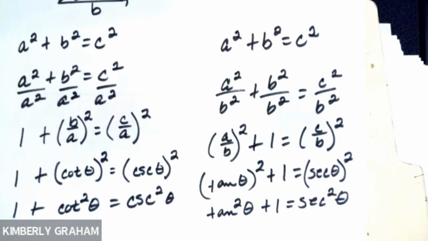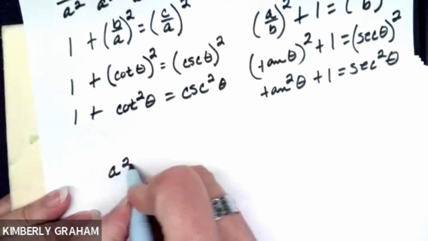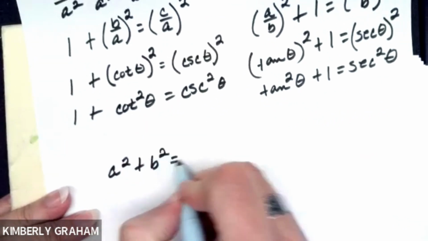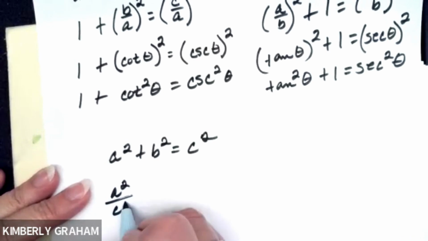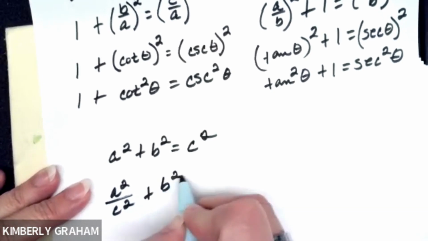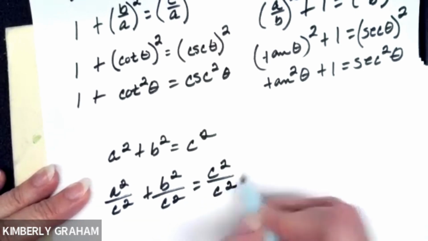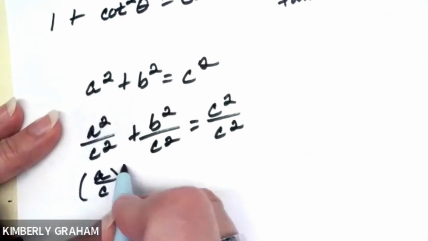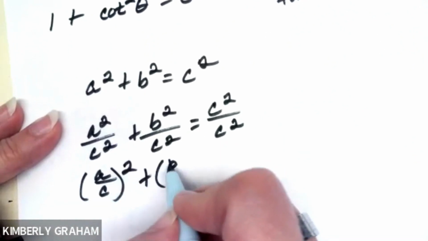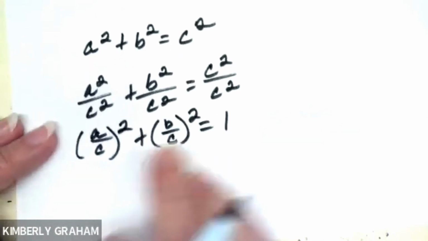You're going to start off by writing down the Pythagorean theorem. Then we're going to divide everything by c squared. And this is a over c squared. This is b over c in parentheses squared, and this is 1.